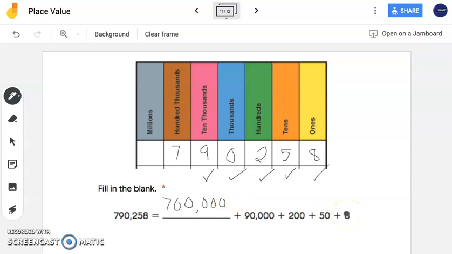Now again, I can count 100,000, 200,000, 300,000, 400,000, and go all the way up to 700,000. But then I'm going to stop there because that's my answer. And I stop there because here my digit's 7. I don't need to continue counting. So notice here, this is standard form, this is expanded form.